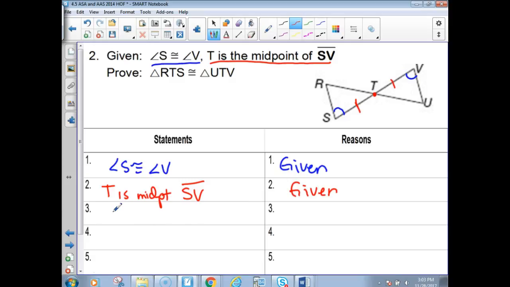Okay, so I'm going to put that down. Segment ST is congruent to segment VT. Or you could have used no bars and said they were equal. I don't really care. It's going to work out for us. We got two segments that are equal, which are sides of the triangle. All right, why was this able to be said? That's right, you got a midpoint right there. Definition of midpoint.